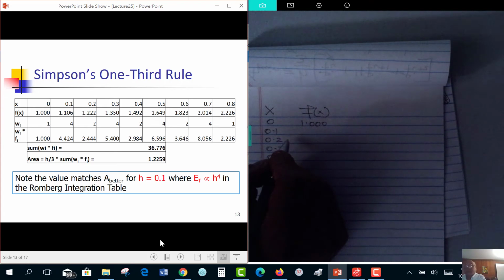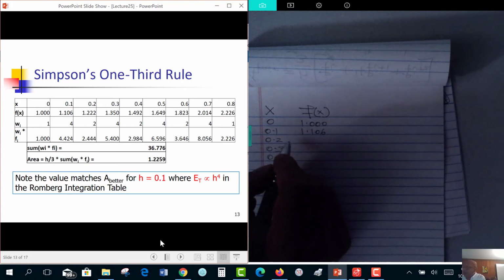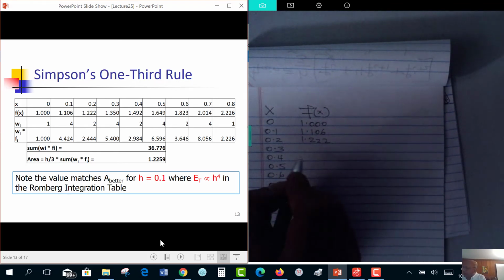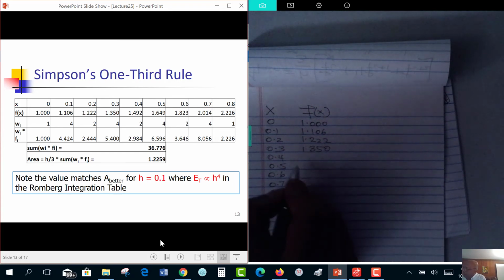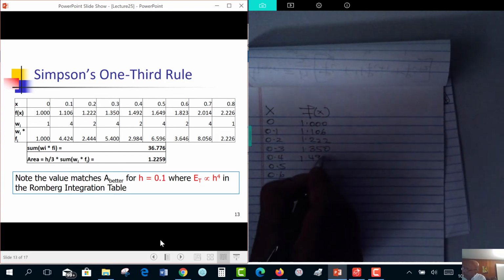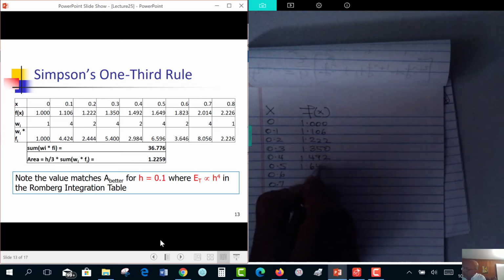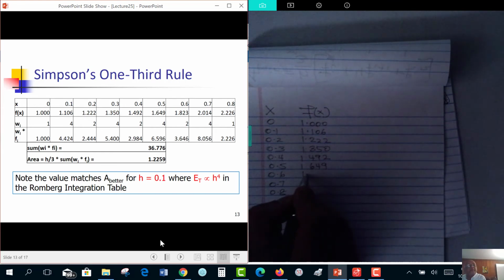Again, my suggestion to you is do it with me. Take out your calculator, write this table yourself, because you'll be doing similar things on your quizzes and tests.